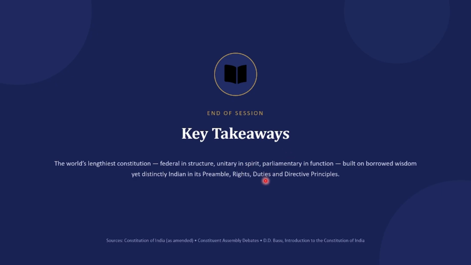It provides for secularism, universal adult franchise, single citizenship, and an independent judiciary. It also contains detailed emergency provisions. And finally, it incorporates several features inspired by other constitutional systems while adapting them to Indian conditions. So these are the major features that make the Indian constitution both unique and distinct.